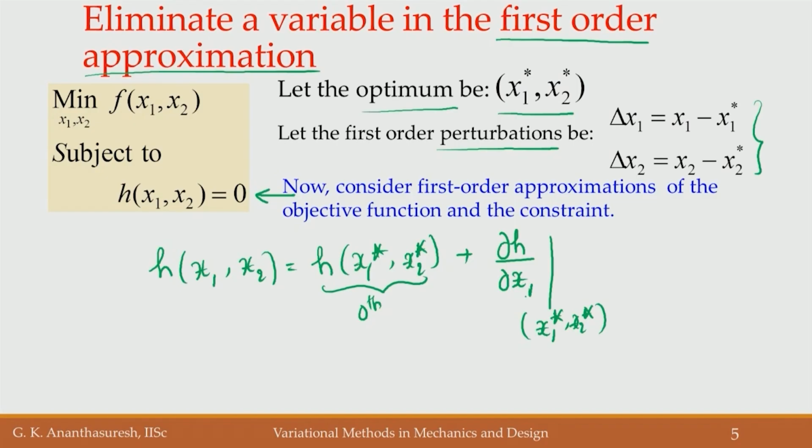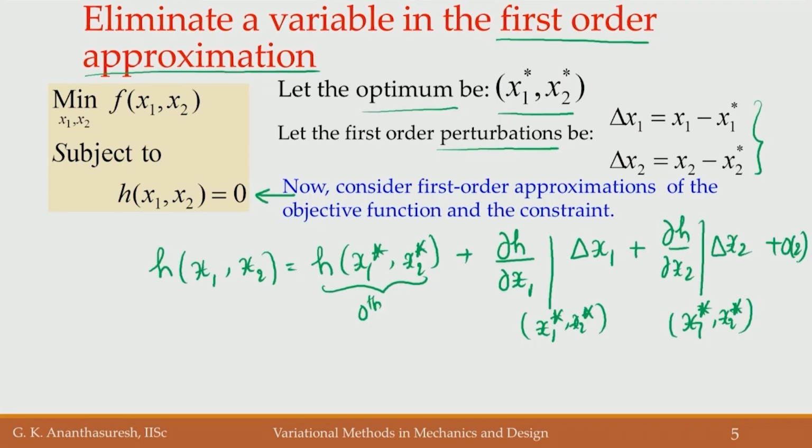We are taking the partial derivative with respect to x1, but the resulting expression we have to evaluate at x1 star, x2 star, because that is what we said is the optimum, and then this will be multiplied by delta x1, and dou h by dou x2, again evaluated at x1 star, x2 star, into delta x2, and there will be order 2 and higher terms.